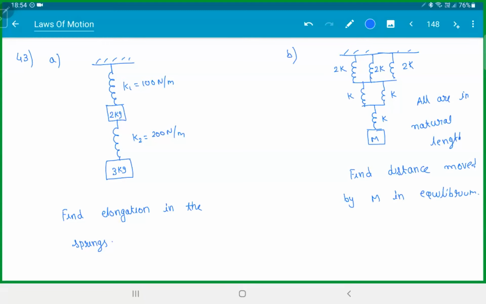In the second case, we have multiple springs there. If you release it from natural length, what is the distance moved by the block M?